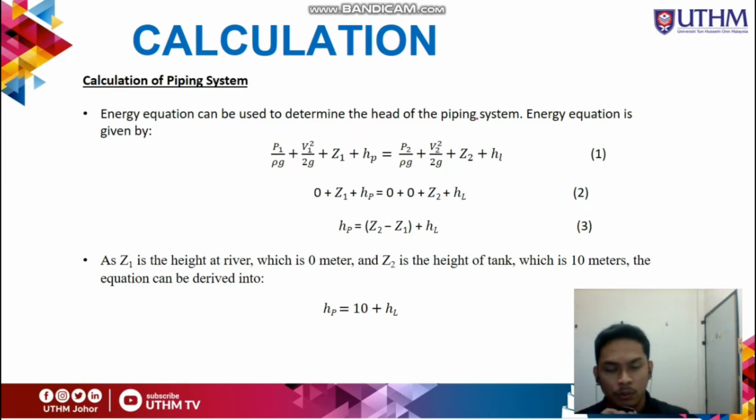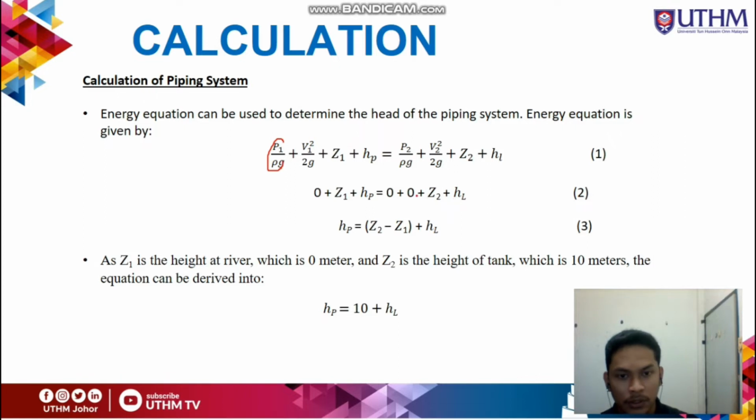When we refer to the equation, we assume that the container of the tank is closed, so the pressure will be 0 and the velocity will be assumed as 0, same as the P2 and V2. So we will get 0 plus Z1 plus head pump equal to 0 plus 0, Z2 plus head loss.